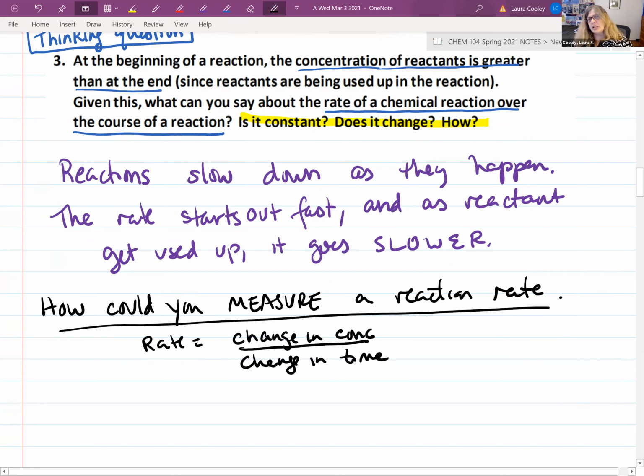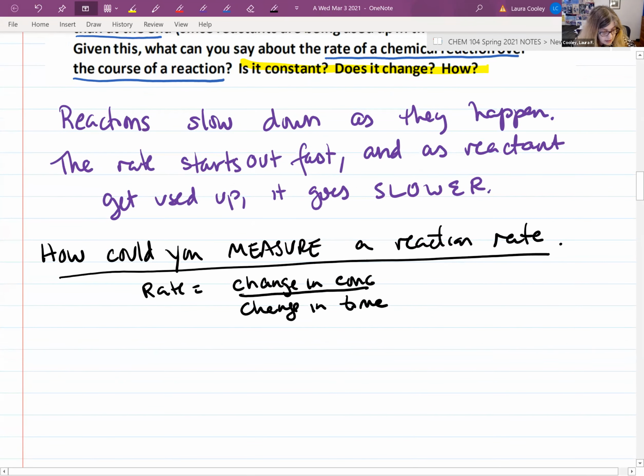It's kind of like a rate of speed: the rate your car is going is the change in distance over the change in time that passed. This is very typical for things that are rates. So to measure the change in concentration over the change in time, I need to be able to measure concentration. Measuring time is easy. I can use a stopwatch, but I need to be able to measure concentration.